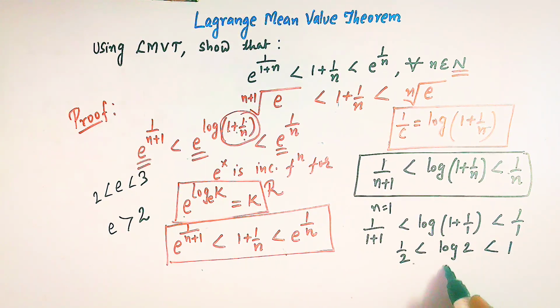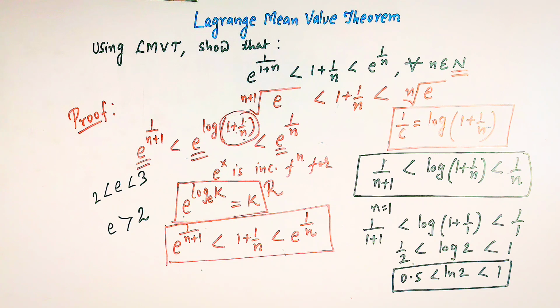So log of 2 can also be written as ln 2. So ln 2 is greater than 0.5 but less than 1, right? So this is how we can arrive at important inequalities by taking special values of n, either in this inequality or in this inequality.